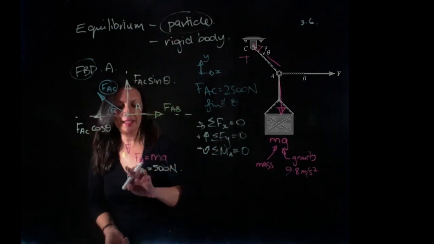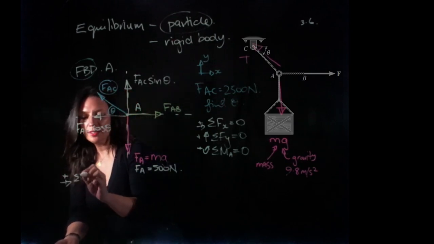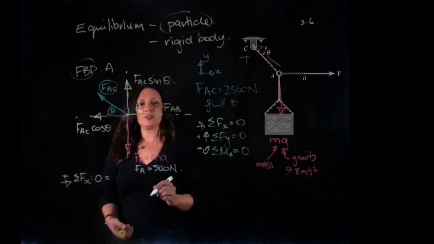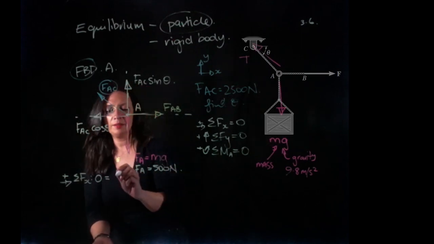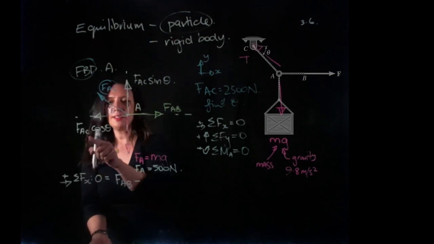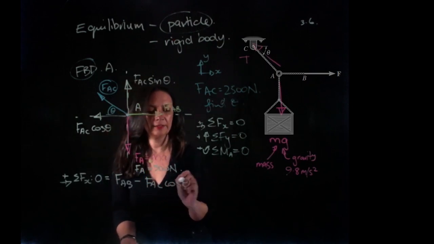If I say the sum of the forces in the x direction has to equal 0, what do I have in the x direction? I have FAB minus FAC cos theta.